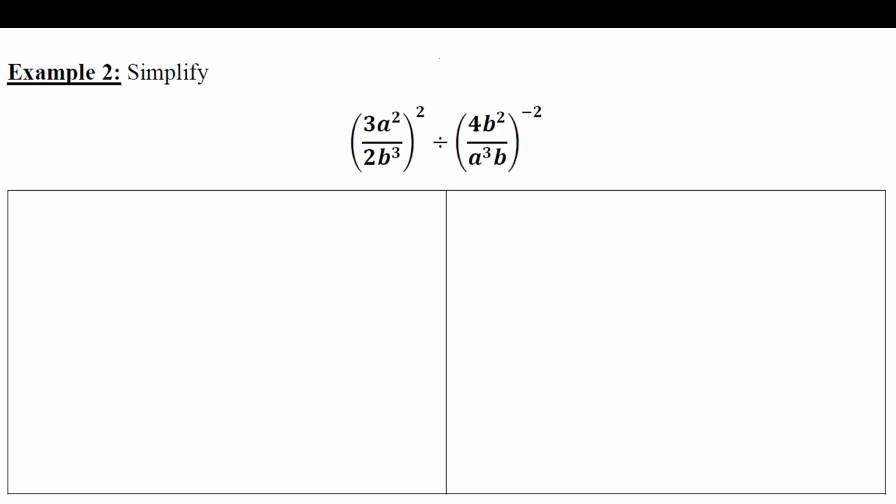As soon as I see this, I know eventually I'm going to want to times and flip the second fraction. But let's just expand those powers outside of the brackets first. Let's get this 2 multiplied to everything.